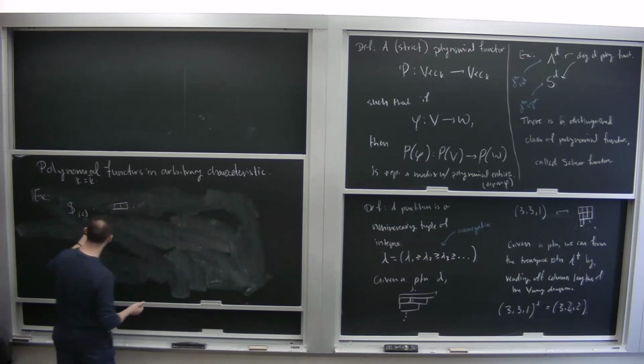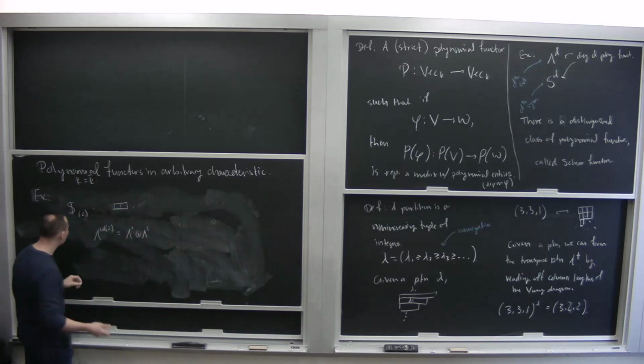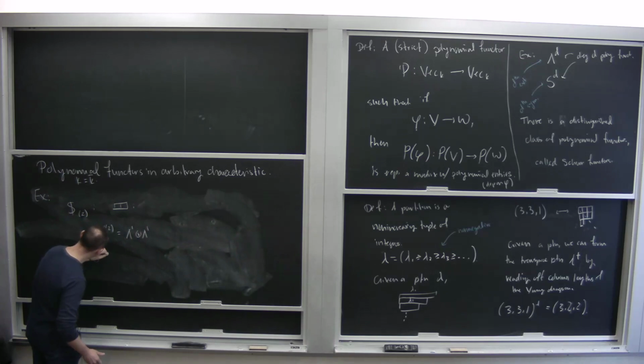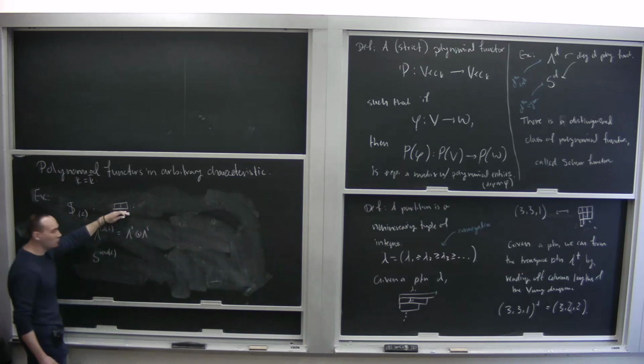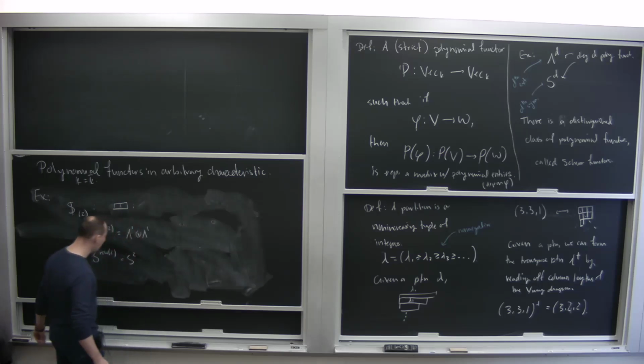The columns of 2, well, there's 1 and 1, so what I'm getting here is just wedge 1 tensor wedge 1. And then for the symmetric powers, the rows of 2, well, there's only one row and it has length 2. So this is just Sym 2.